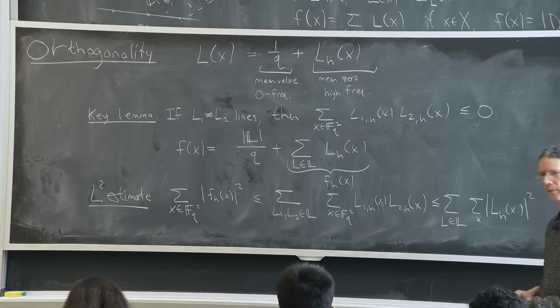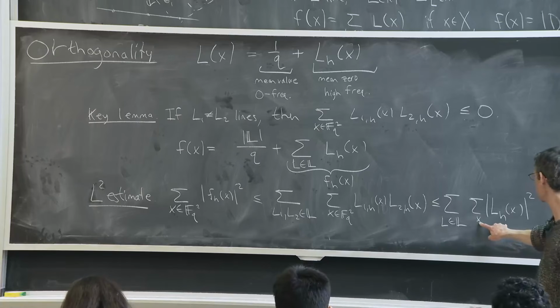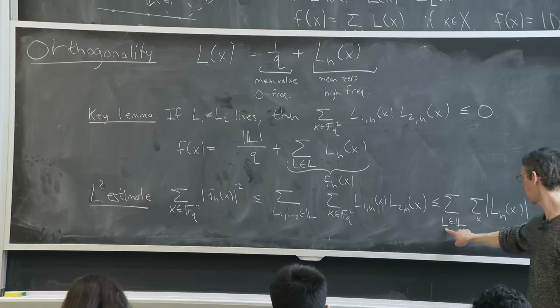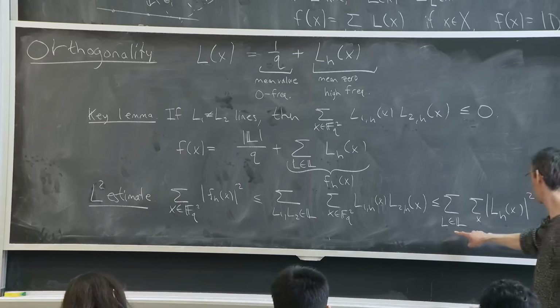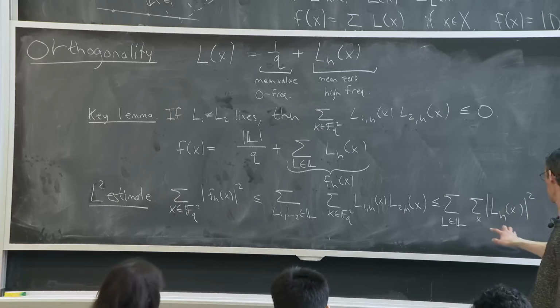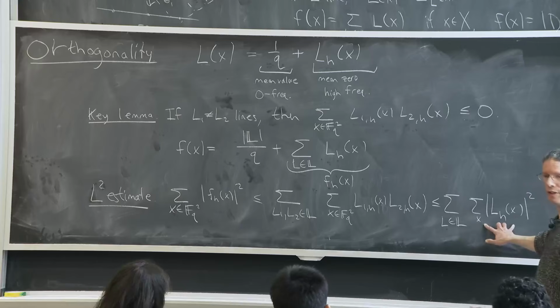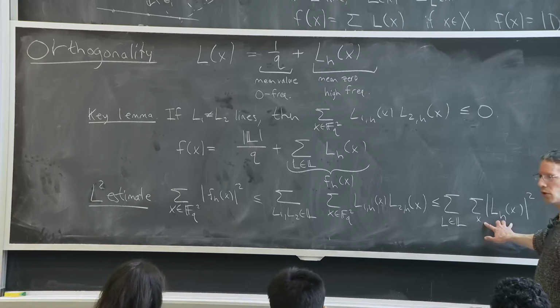Now this sum here is easy to do because I just have to think one line at a time. And all the lines will be equivalent to each other. So it's just the number of lines times whatever this is. This thing also is not very hard to compute.